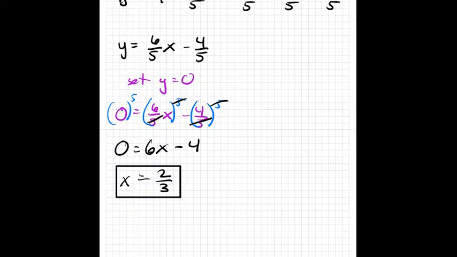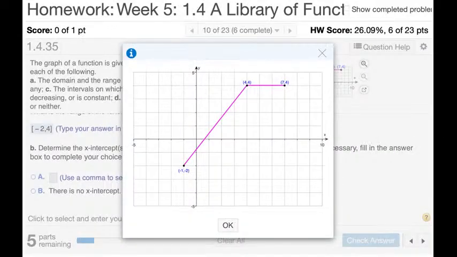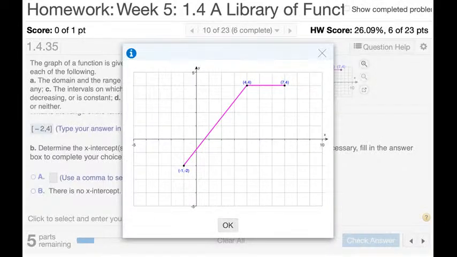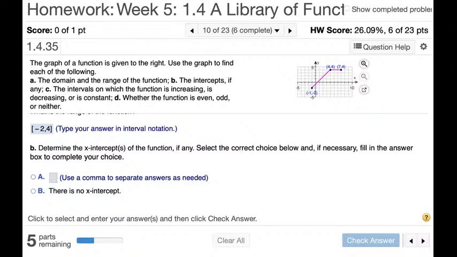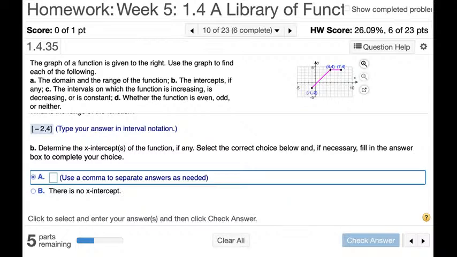So the x-intercept was 2/3. Let's hop back to Pearson and see how we do. A little bit involved. X-intercepts, if any, select the correct choice and fill in the answer. There is no comma to separate. I think it's just the 2/3. I think that's the format they want, because formatting might be a little bit of trouble here.